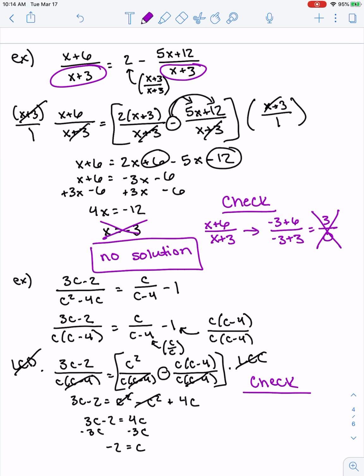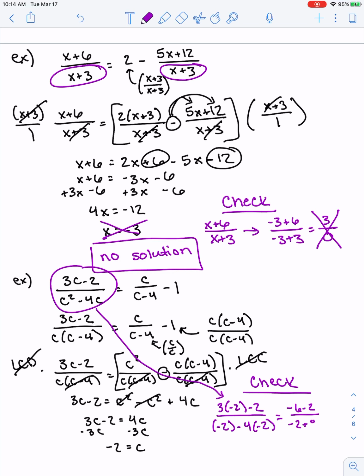If I'm plugging in a negative 2, I get 3 times negative 2 minus 2 over, I'm plugging it into this, negative 2 minus 4 times negative 2, so that equals negative 6 minus 2 all over negative 2 plus 8.